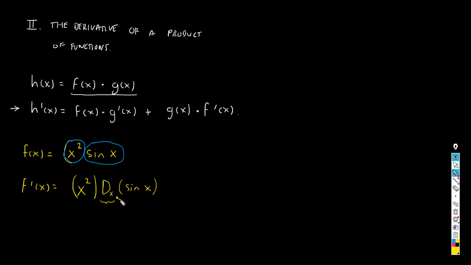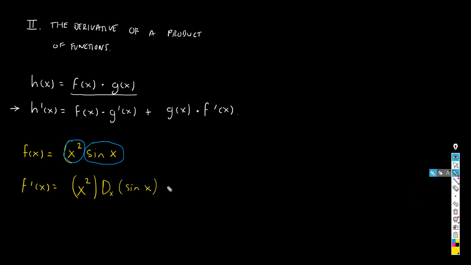With respect to x, that doesn't mean anything for you yet. So if you want to just read this as the derivative of this, that is perfectly fine, and it's called the derivative operator. What this operator does is it gets the derivative of this function.